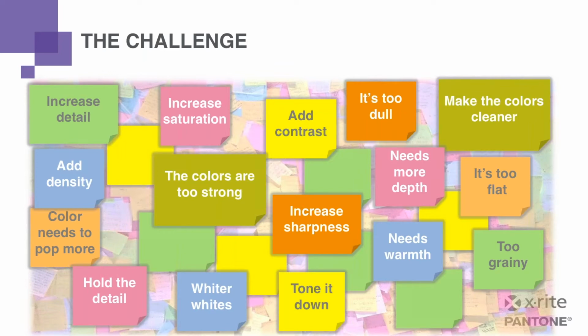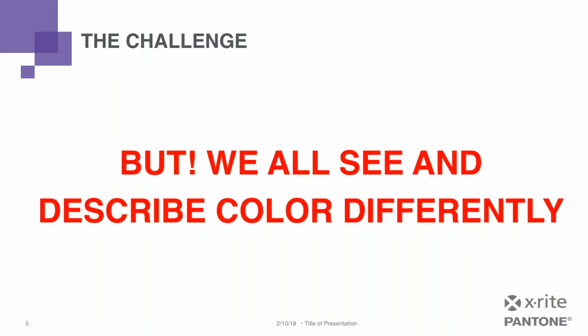We thought about things in terms of density or dot gain or delta E, and they would use terms like, the colors are too strong, or it needs more pop, I need to tone it down or add some warmth. This language barrier prevented us from having good communication on how we should work with color. And we all see color and describe it slightly differently.